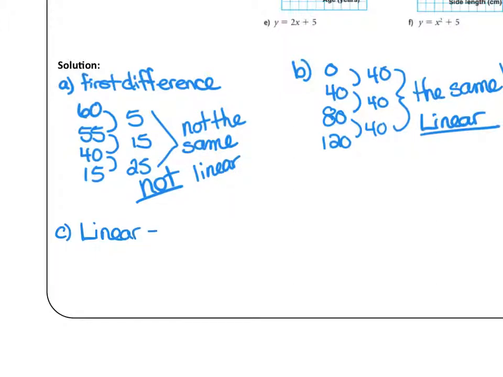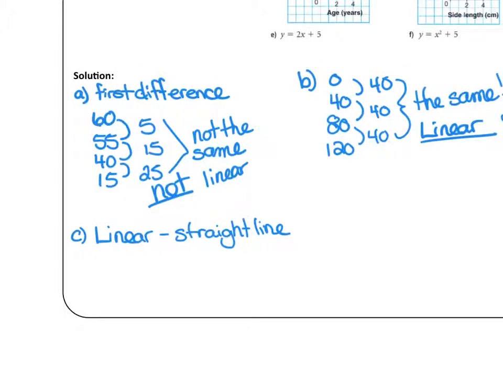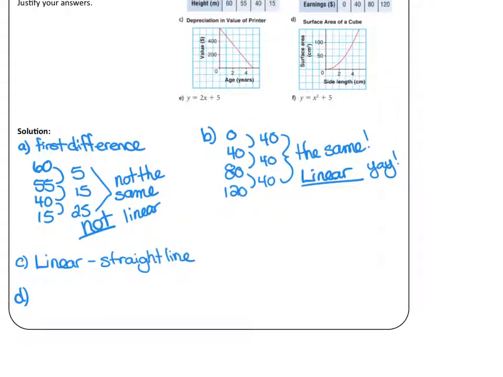And you can say, because the graph has a straight line. Easy as pie for that one. D, which is our other graph, notice how on this graph it starts off slow and then goes up, and it has a curve to it. It's not a straight line. So for that one, we can say it's not linear.